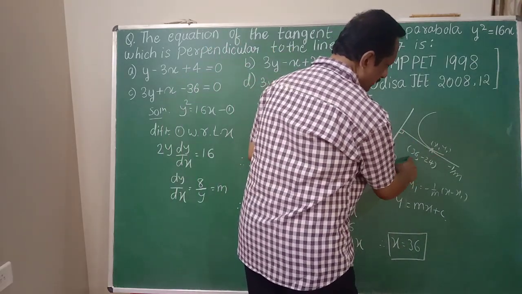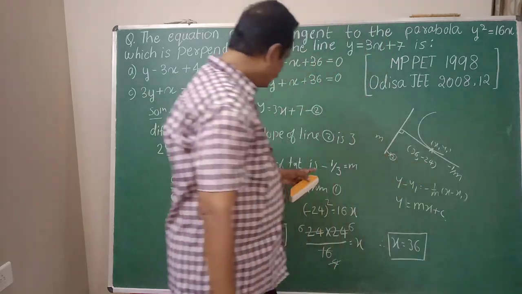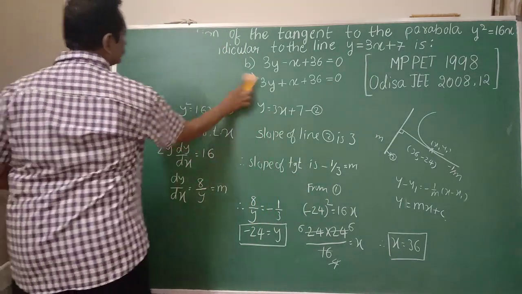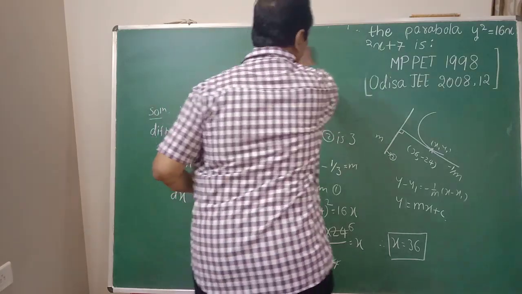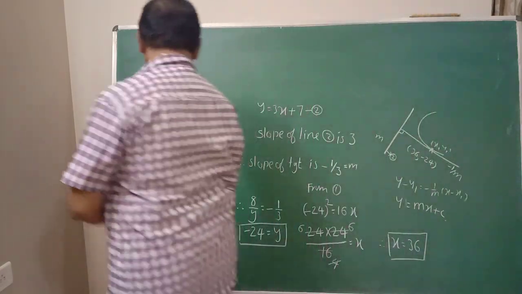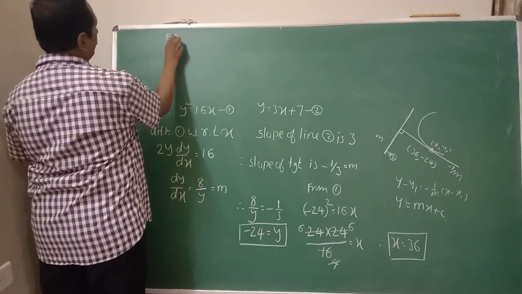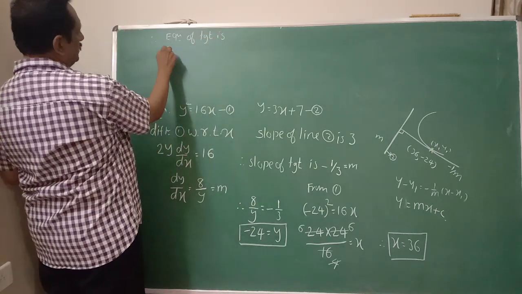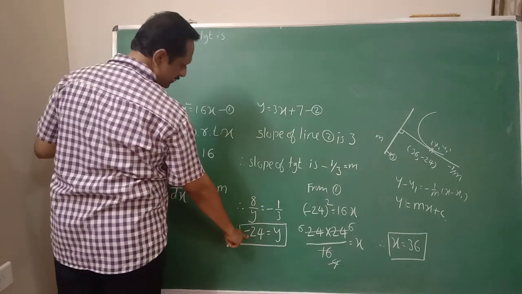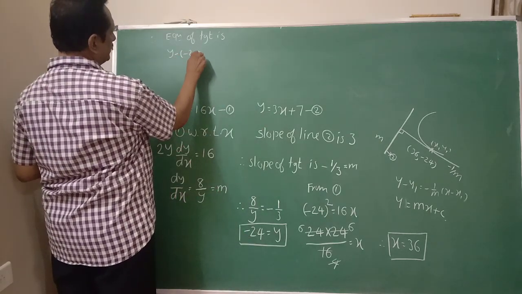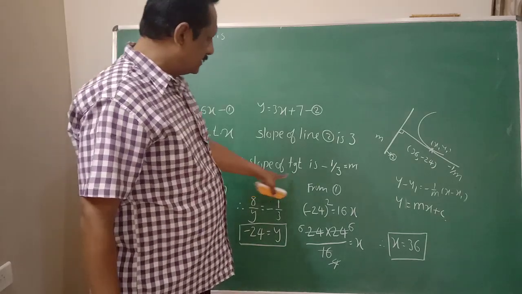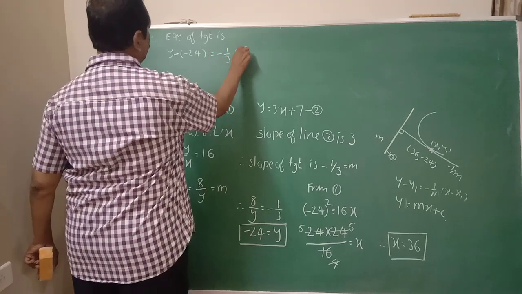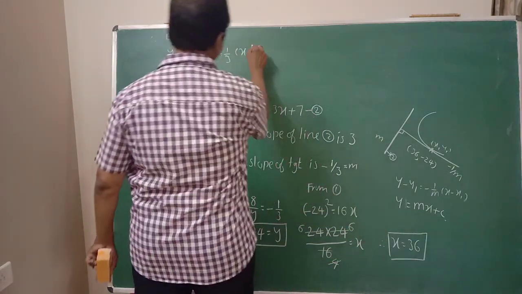Therefore, the equation of the tangent passing through the point 36 comma minus 24 with slope minus 1 upon 3 is y minus, here minus 24, so y plus 24, is equal to minus 1 upon 3 into x minus 36.